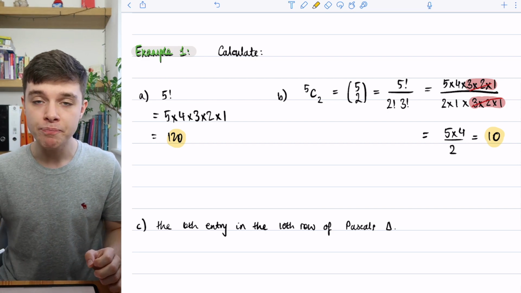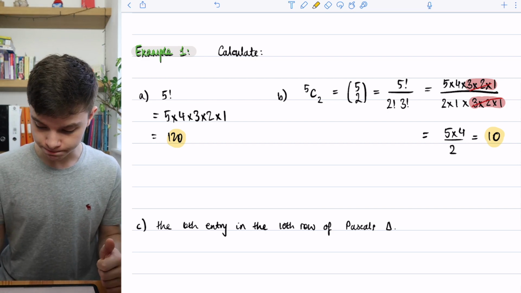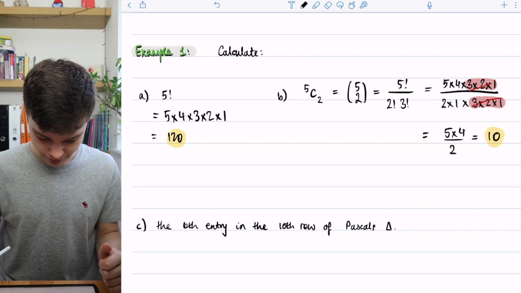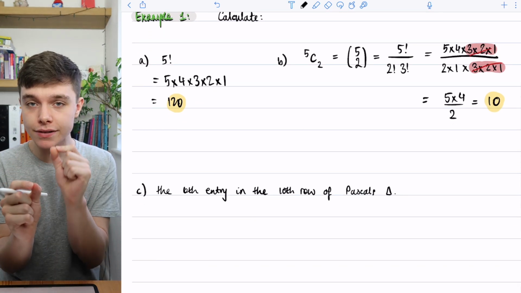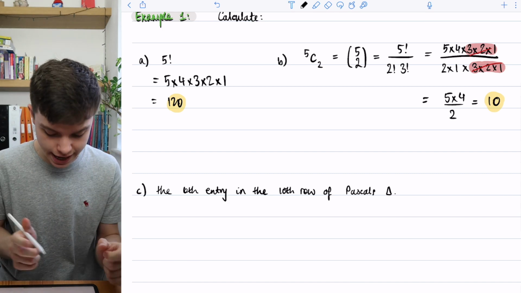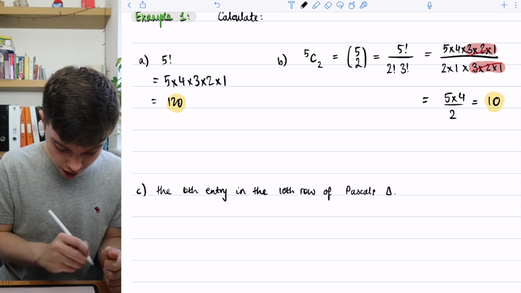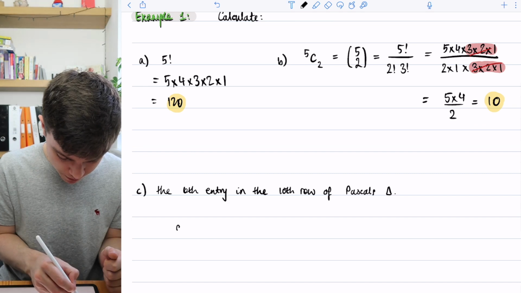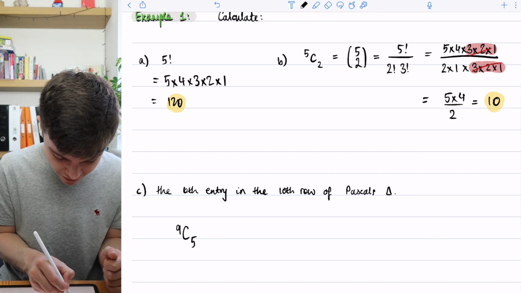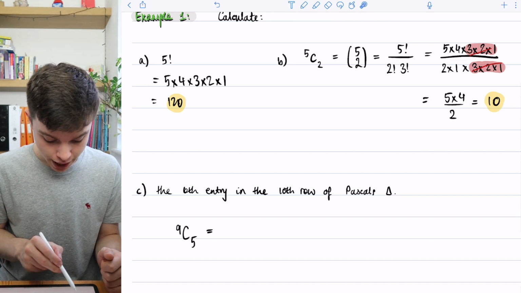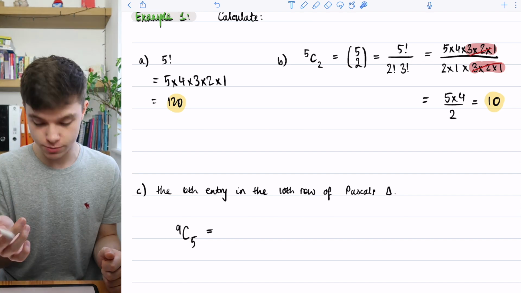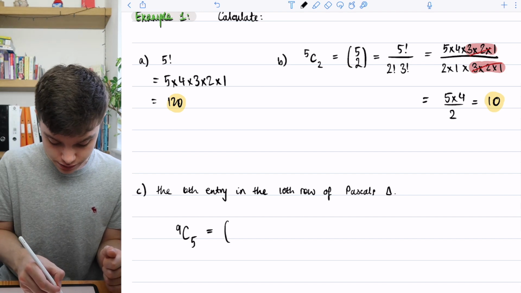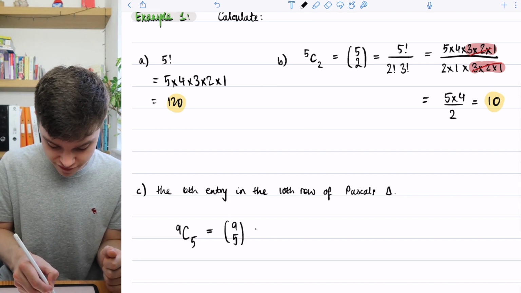Now, part C, we just have to do a combination. The 6th entry in the 10th row: we subtract 1 from 6 and from 10. So it's going to be 9 choose 5, because we are choosing the 6th entry from the 10th row. We subtract 1 from each, so that's going to be 9 choose 5 like that.